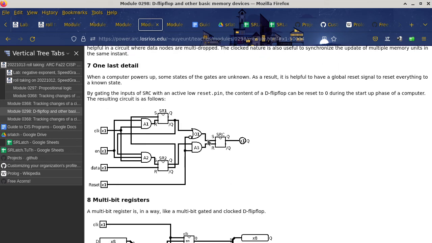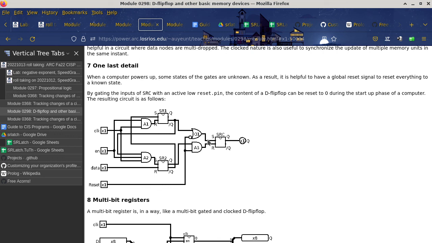You can call this a resettable, edge-sensitive, and gated D flip-flop. There we go. So if we look at the input pins, okay, forget about everything in the middle for now. But when you look at the input pins, this is the reset pin. When the reset pin is a 1, it ignores everything else.